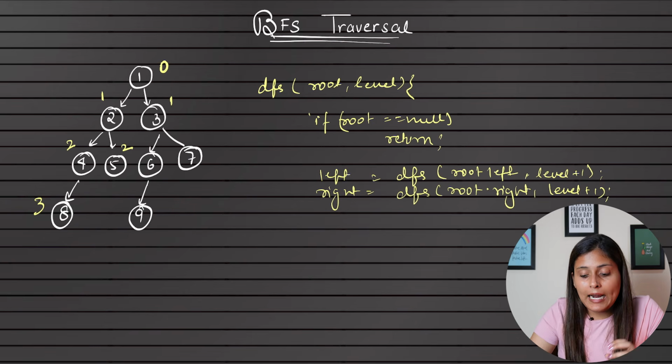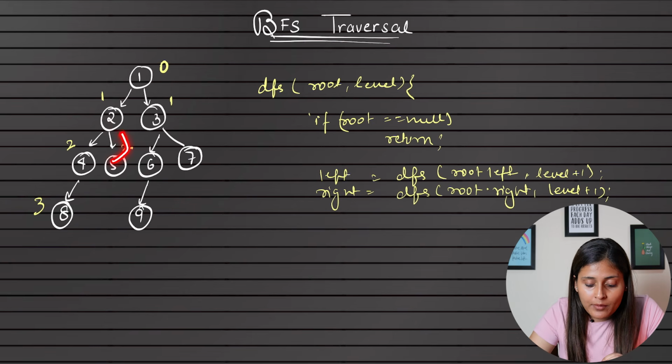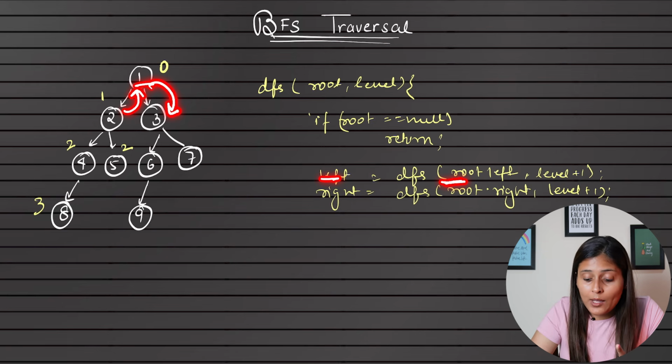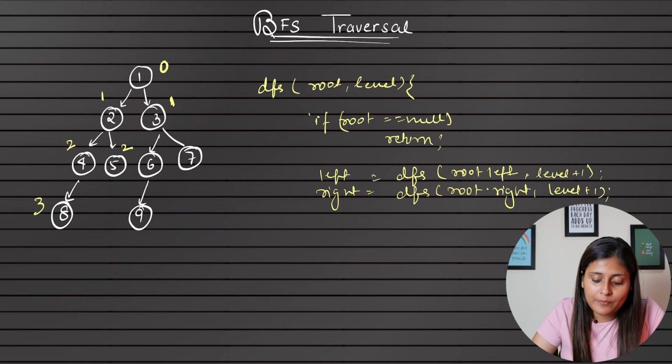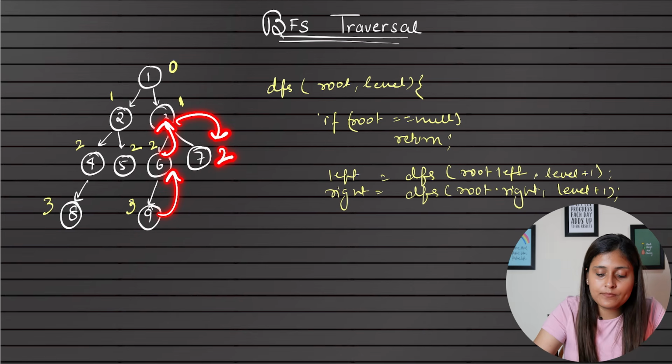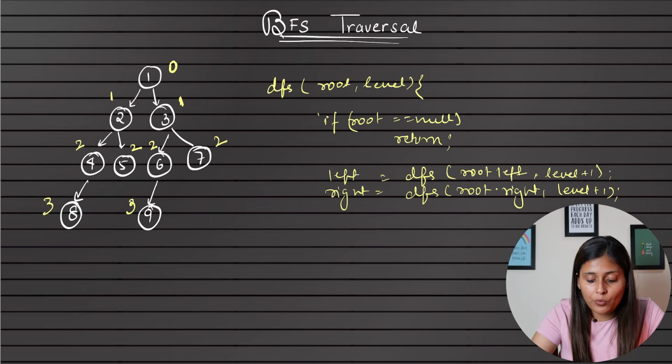Now you will return again, and for 1 we called left, remember? Now we have returned, so we will go for the right side, but the stack call has remembered level 0 for its parent 1, so now it will be level plus 1, which is 1. Next time for its parent 2, similarly 3. Now we will return back, and go for the next level, which is 2.